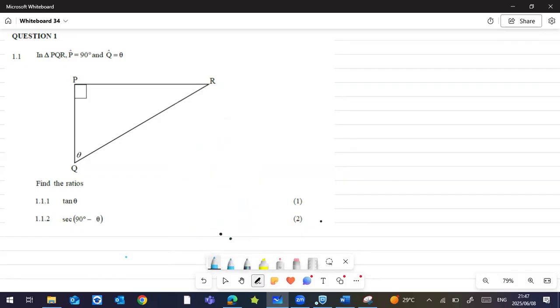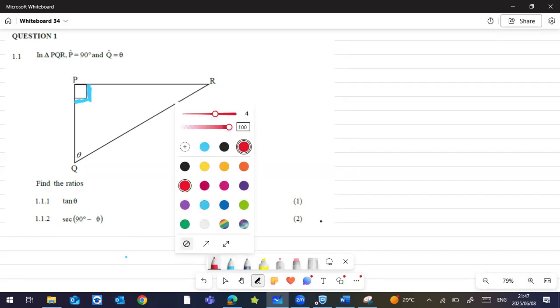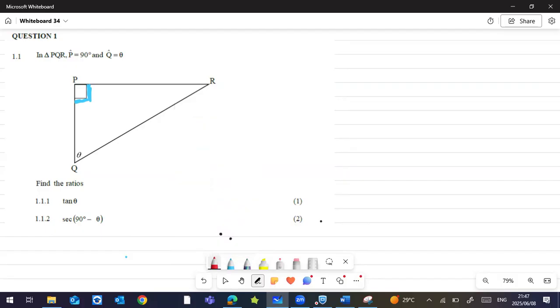We are given this P to be 90, and we are given Q to be equal to our theta. Here is our Q.